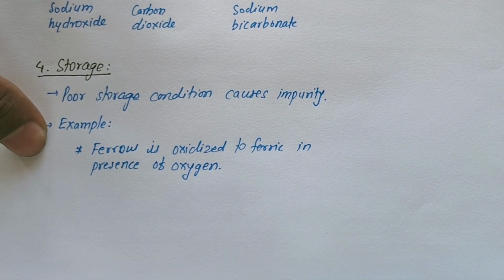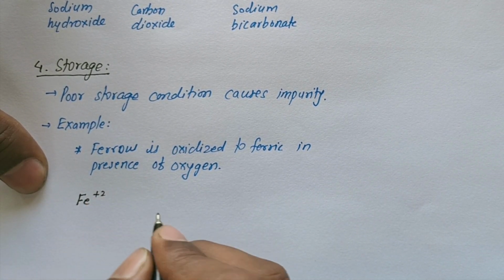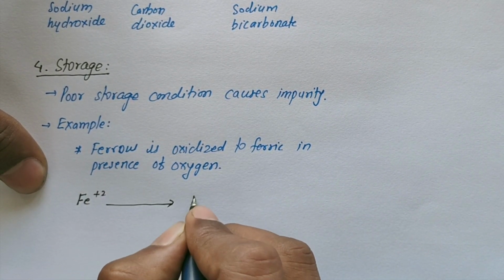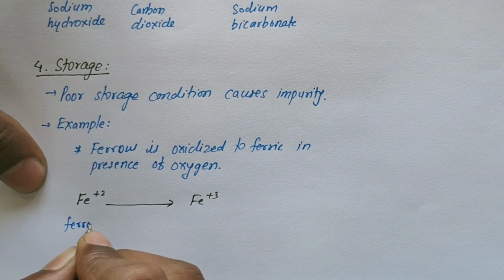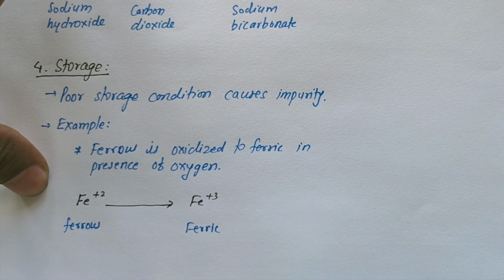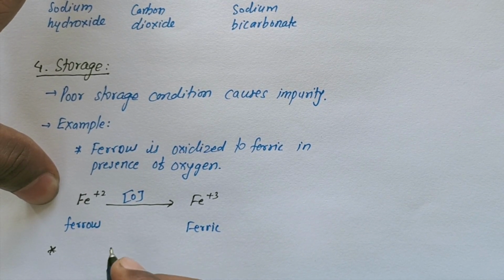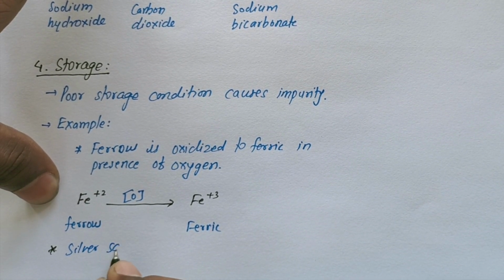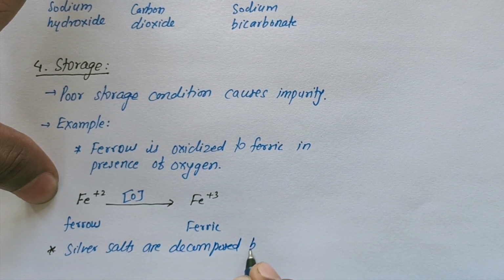So the reaction can be written as Fe+2, that is ferrous, will change into Fe+3, that is ferric. We can write their names also in words, and we should write nascent oxygen here. Are you getting? Now another example is silver salts are decomposed by light.